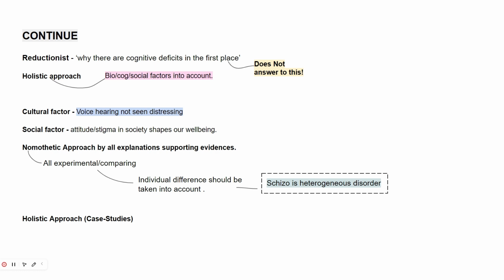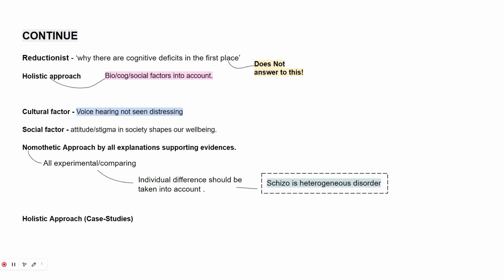So the nomothetic approach: all the supporting evidence, for example, was experimental. They were all comparing non-schizophrenic patients with schizophrenic patients. And they did not take individual differences into account, because schizophrenia is a very heterogeneous disorder.